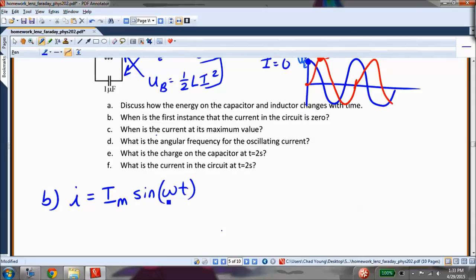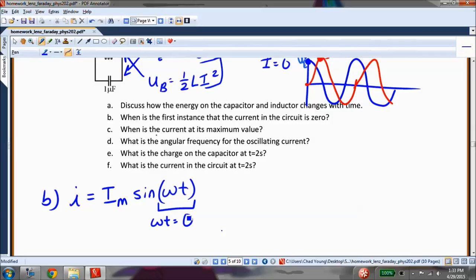The current in the circuit will follow this sine function. And the instant that the current in the circuit is 0 occurs when omega t equals 0, because sine of 0 is 0.